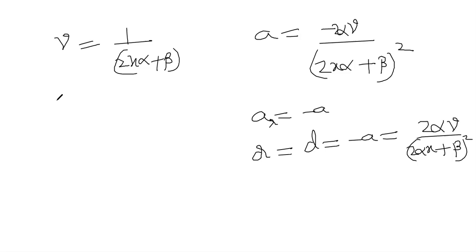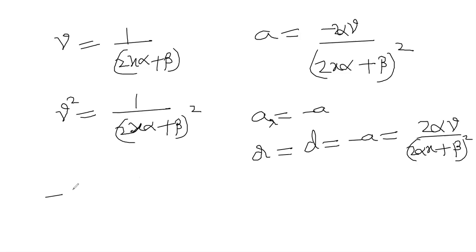If you square on both sides, if you do v square, what will you get? 1 by 2x alpha plus beta whole square. Is it or not? So your minus a is equal to 2 alpha v into v square. Is it or not? Agreed? Understood or not?